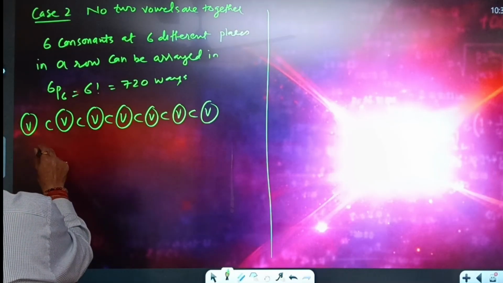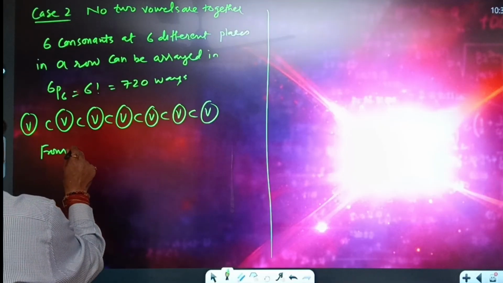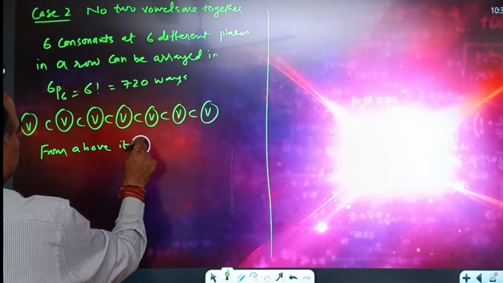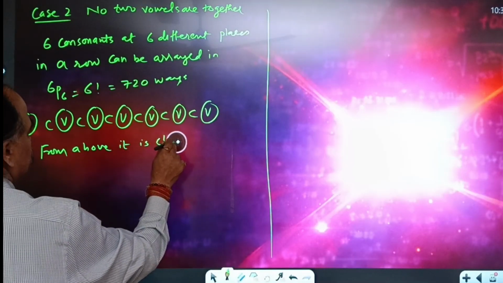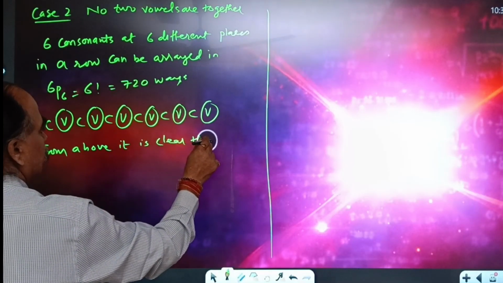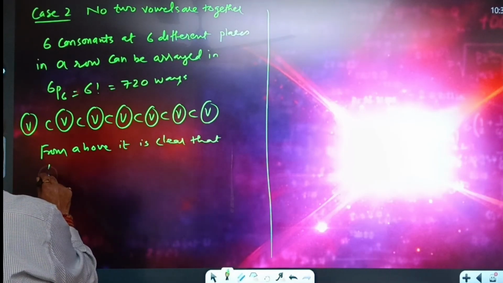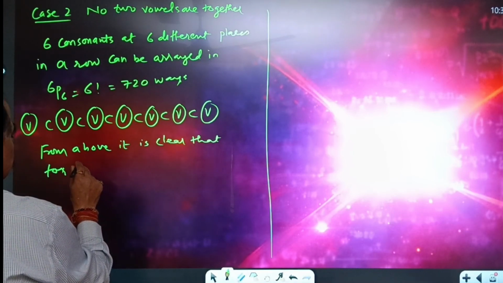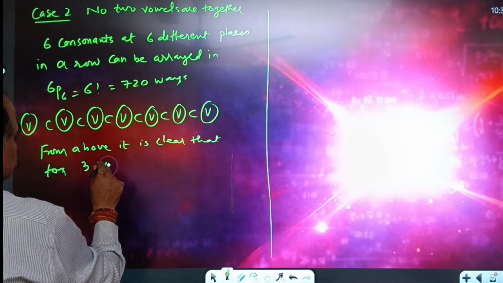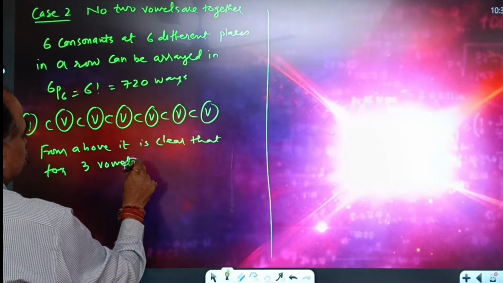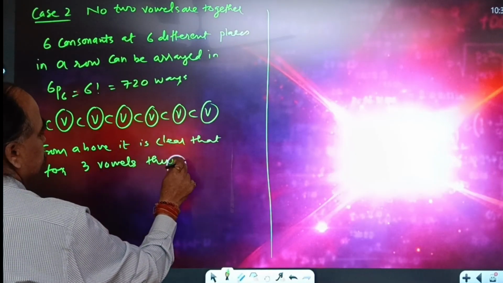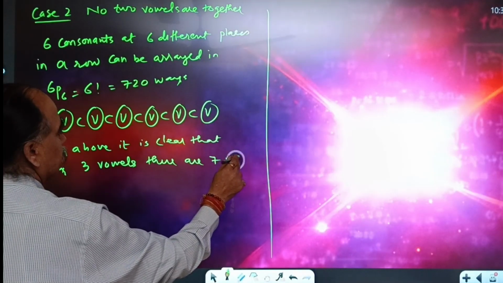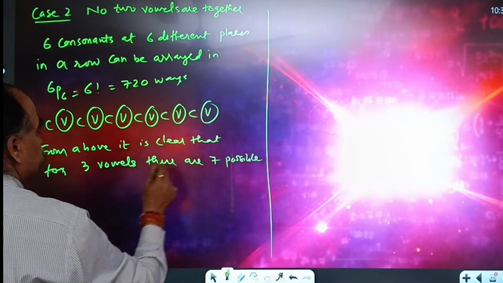From above it is clear that for 6 consonants there are 7 possible places.